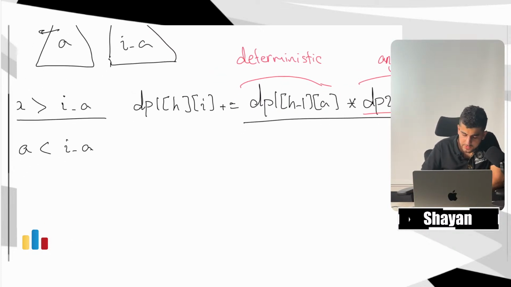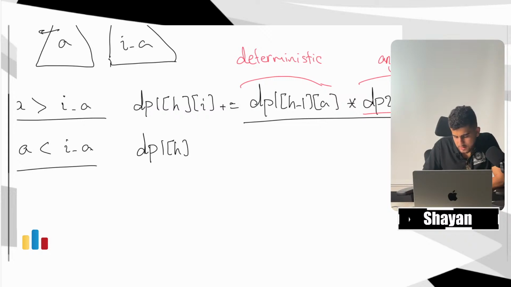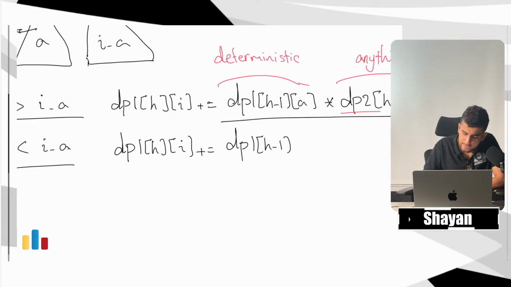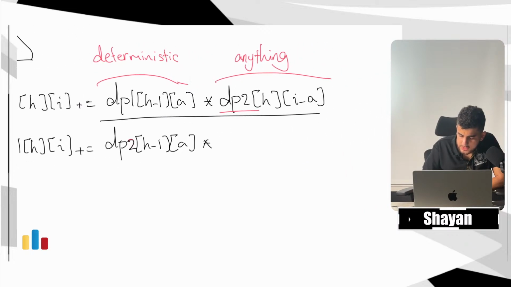And also, if a was less than i minus a, then dp1 of h and i this time is plus equal to dp2 of h minus 1 and a, because this left child can be anything, there's no limit on that, times dp1 of h minus 1 and i minus a.